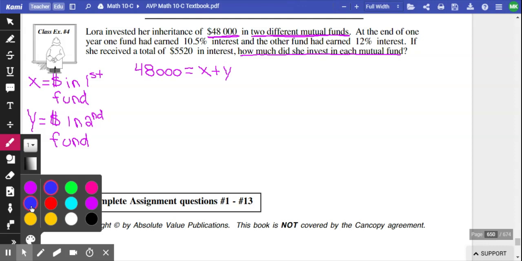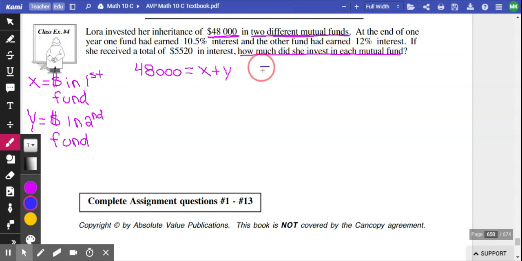Okay. So we're going to take the total amount of interest she made, $5,520. And the way we would calculate that is you would take the percentage she made in each fund and times it by that fund amount. So for instance, she made 10.5% just in the first fund.